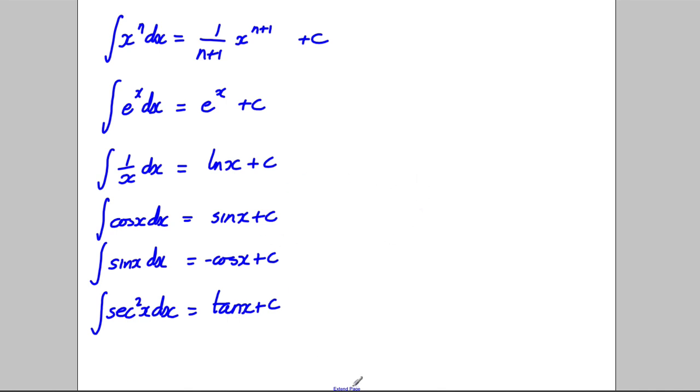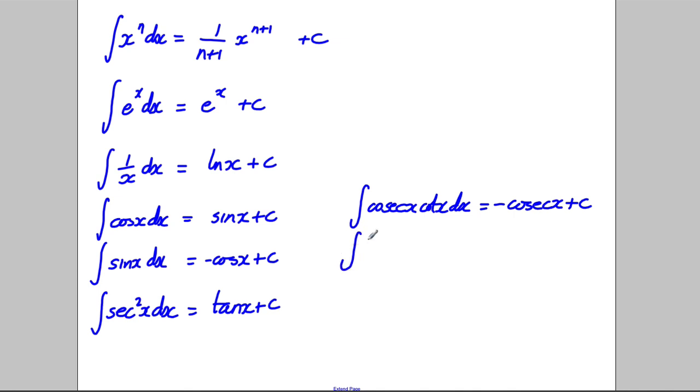If I was integrating, I'll go along here for the other trig ones, if I was integrating cosec cot x with respect to x, I get myself negative cosec x plus a constant.